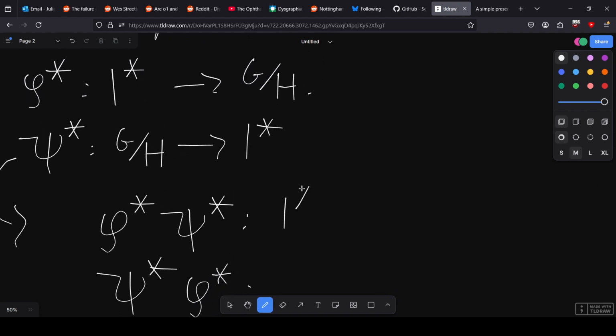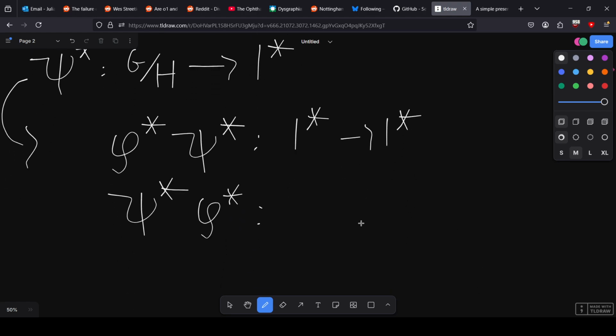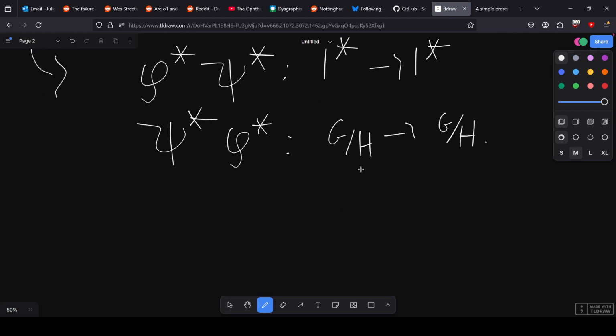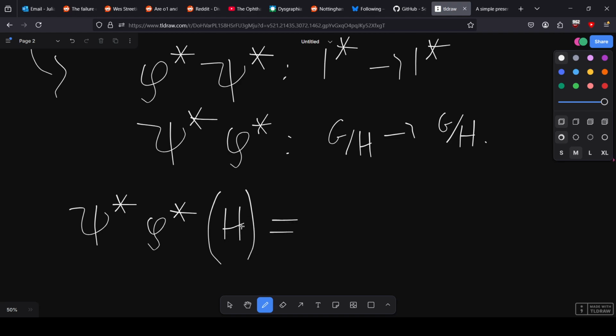So this goes from indexes to indexes, and this goes from cosets to cosets. So let's say we plug in H itself into psi star phi star. Well, this has to map it to the index 1.